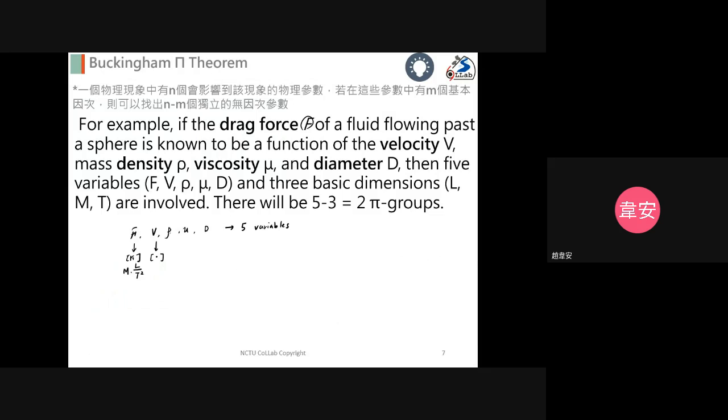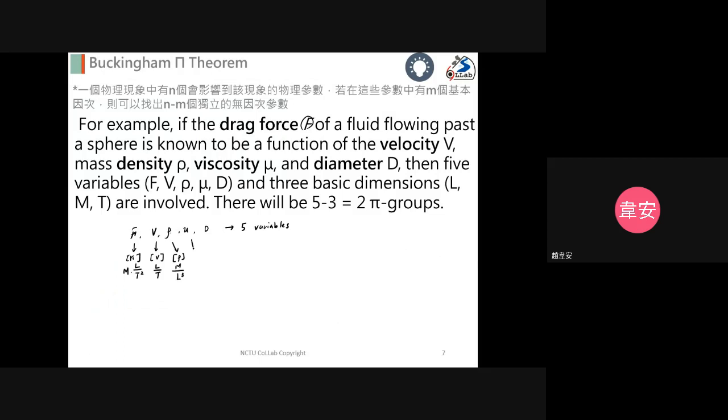The velocity dimension is L divided by T. And the density is mass divided by L cubed.